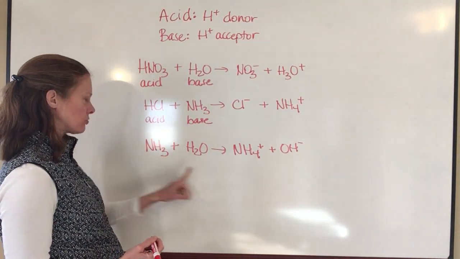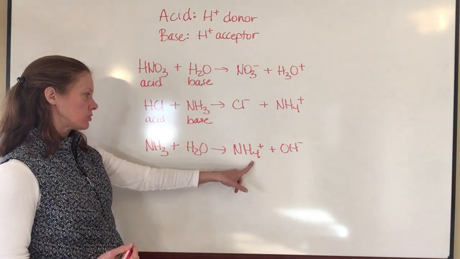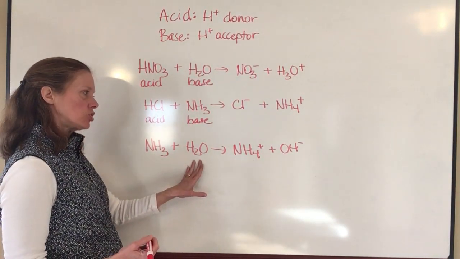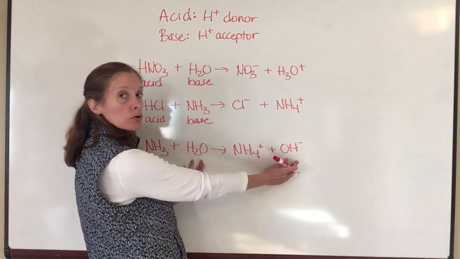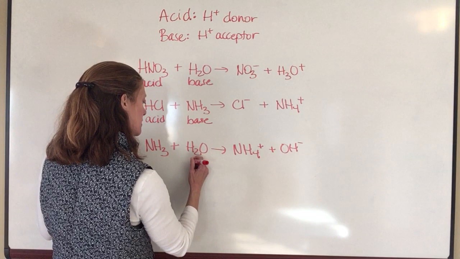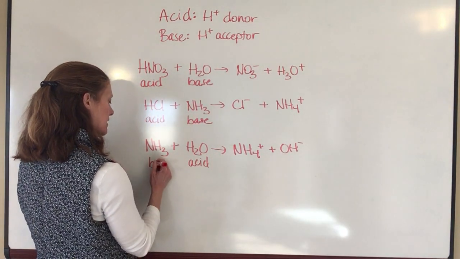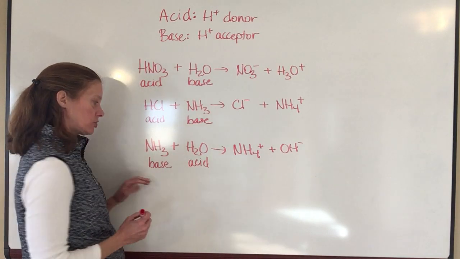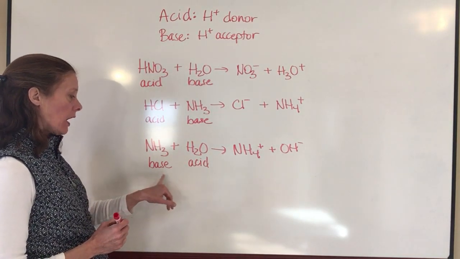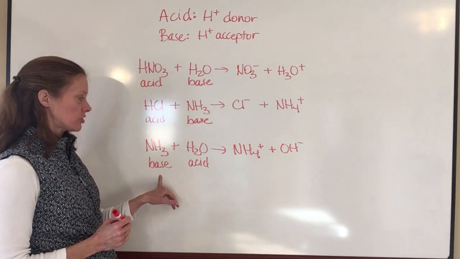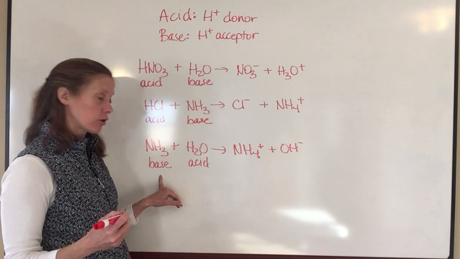Here I have NH3, here I have NH4 plus. This accepted a hydrogen. Here I have H2O, now I just have an OH minus, so this has lost a hydrogen. So here, this donated the hydrogen, so it is the acid. Here, this accepted the hydrogen, so it is the base. And so again here, I didn't write the acid first. I did that on purpose, just so you would stay on your toes.